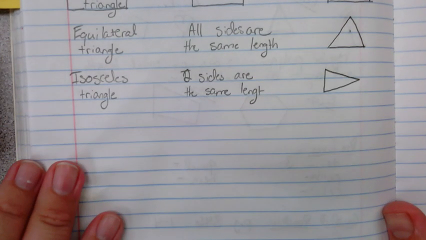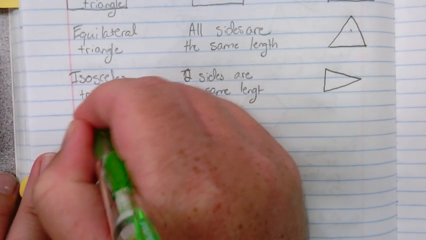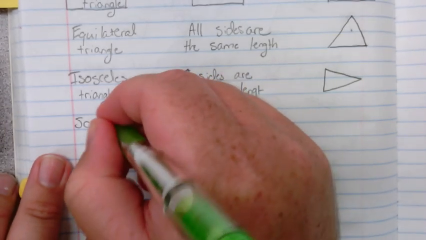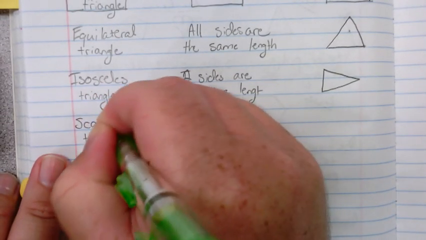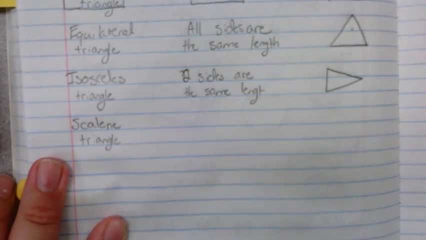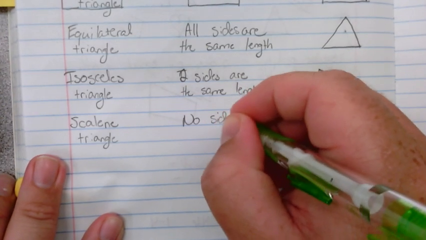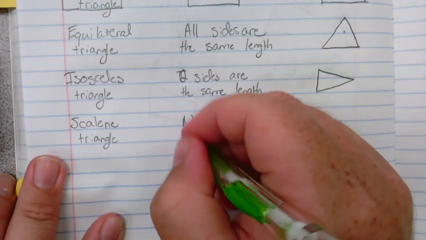Okay. My next triangle is going to be a scalene triangle. Did I say that right, girls? Scalene triangle. And then for that, no sides are the same length.